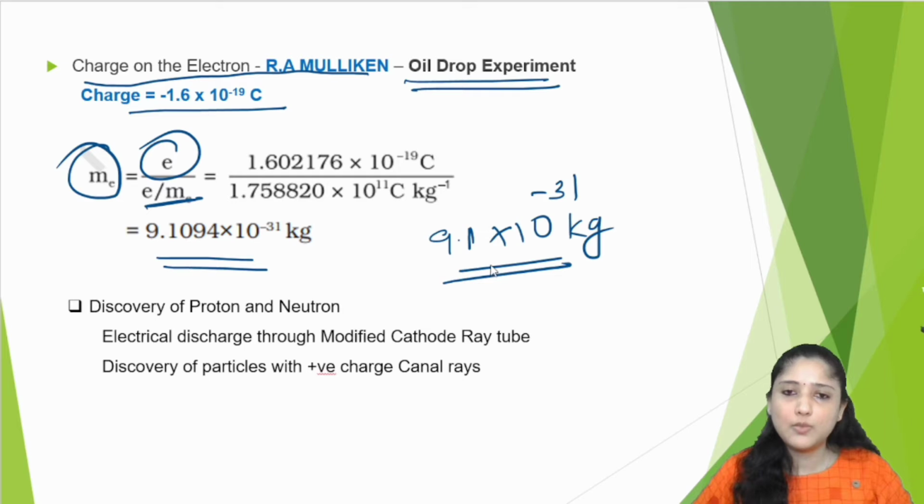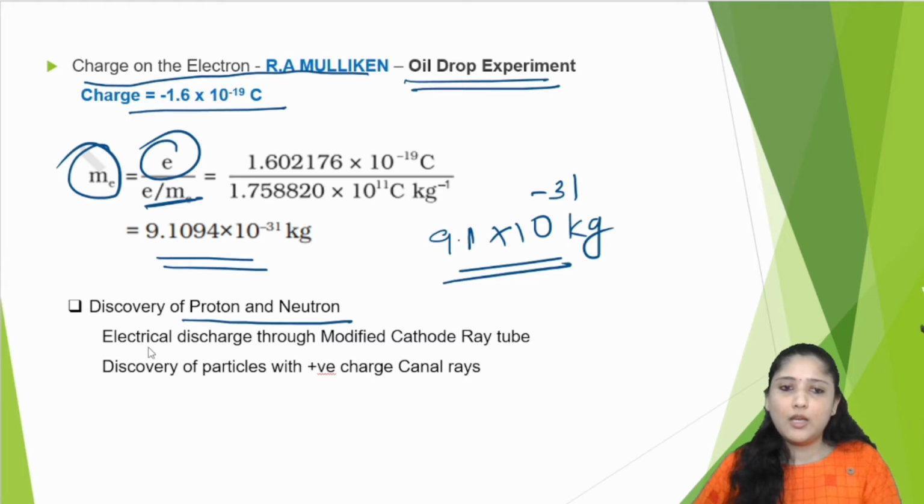From the charge to mass ratio and the charge of the electron, we calculated the mass of an electron. Remember, the mass of the electron is 9.1 into 10 power minus 31 kilogram. Next is the discovery of proton and neutron.